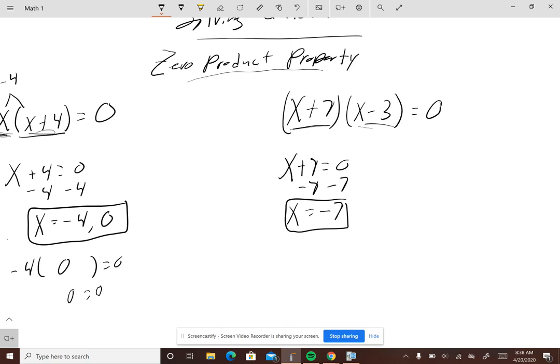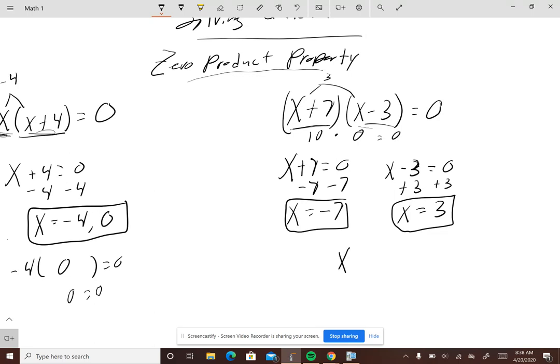And then we've got x minus 3 equals 0. If we solve for x, add 3 to both sides, x equals 3. And if we came up here and plugged in 3, we would get 10 times 0. And 10 times 0 is still just 0. So if we plug in either x equals -7 or x equals 3, it would make our equation true.